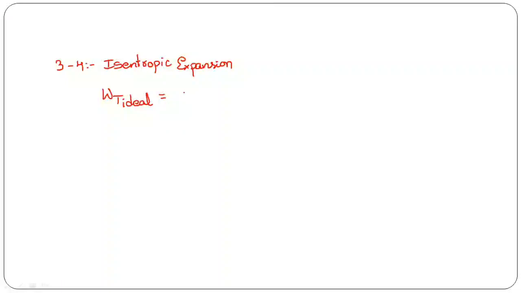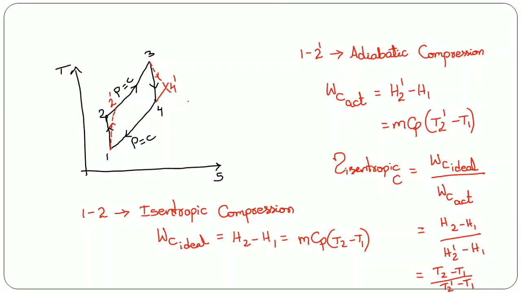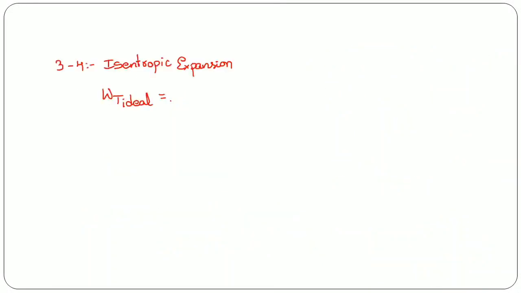This ideal work output will be H3 minus H4, or you can write this as mCp (T3 minus T4). This is the ideal work output. But the actual process is from 3 to 4 dash. This is adiabatic expansion, which is an irreversible process.